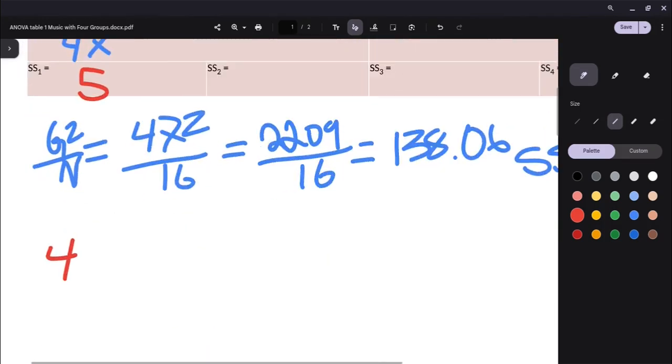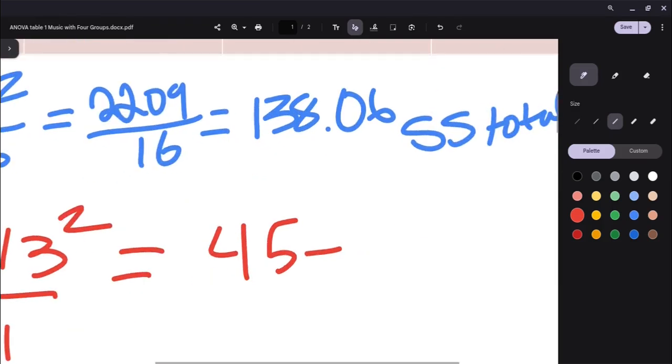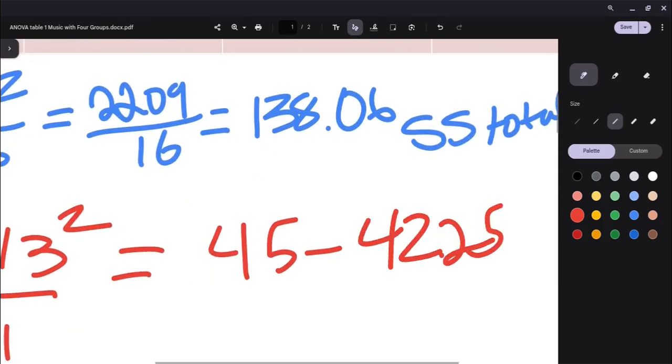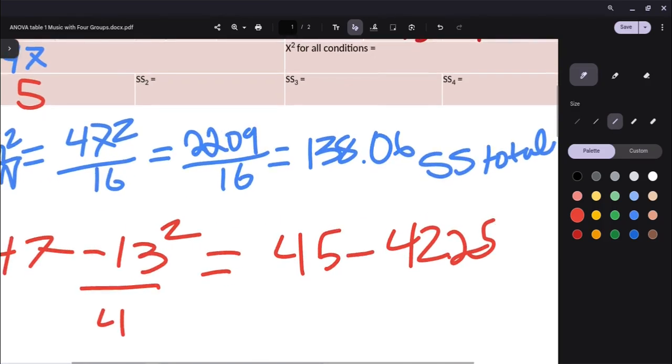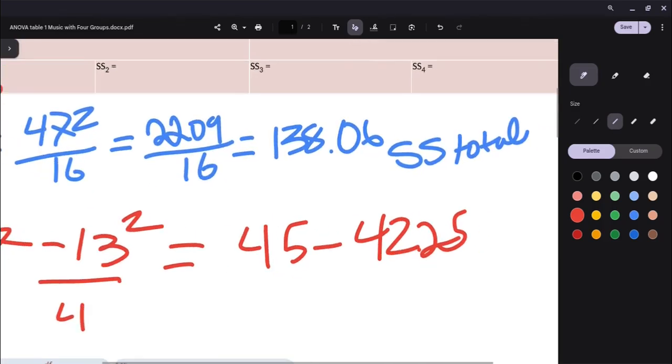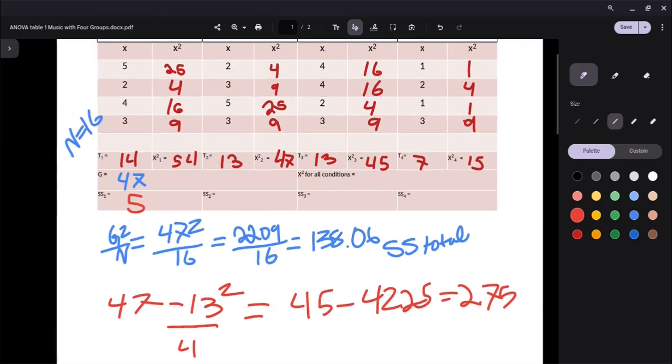Sum of x squared, 47, minus 13 squared over 4, which will equal 45 minus 42.25, because 13 squared divided by 4, and that'll be 2.75 for our SS2.